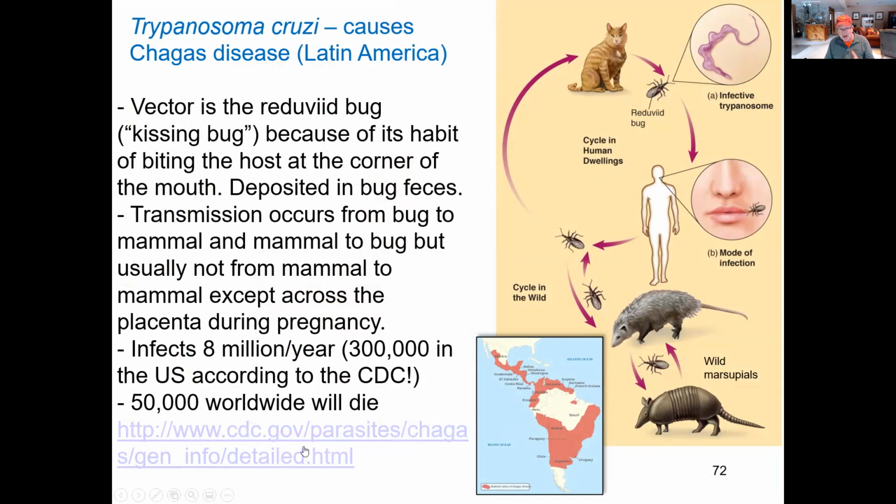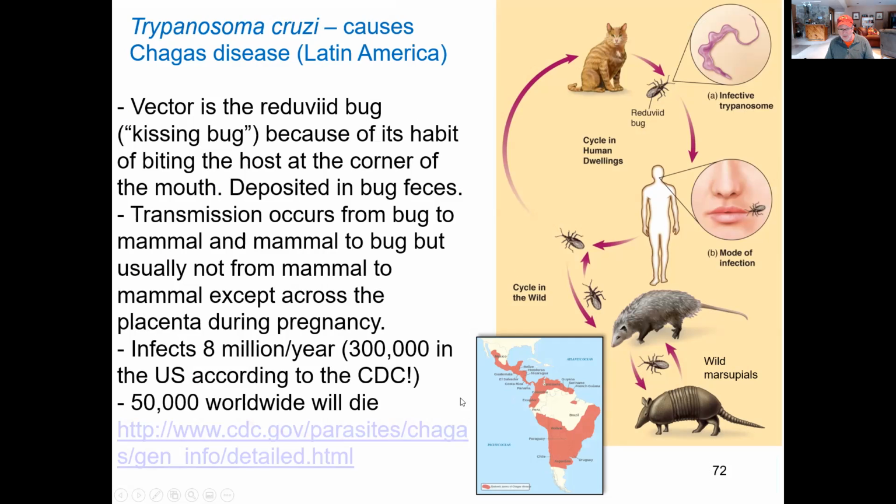It is a problem, again, in Latin America more than any other area in the world. Mothers can pass this on to their fetus during pregnancy. Isn't that scary? So 300,000 people, even in the US, get this.